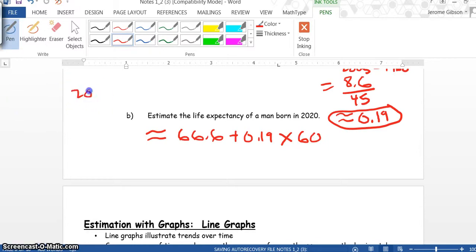Because remember, we're going to 2020 from 1960, and we would subtract, we would get 60.